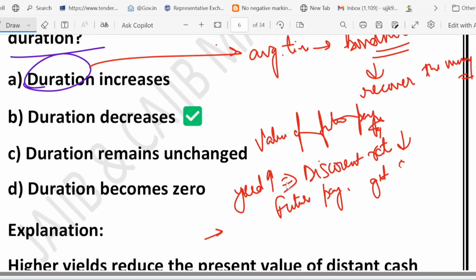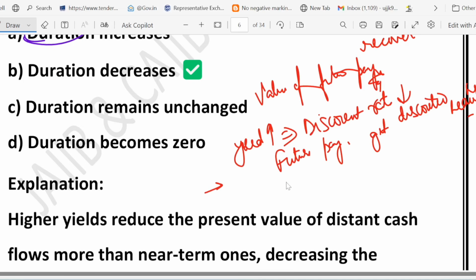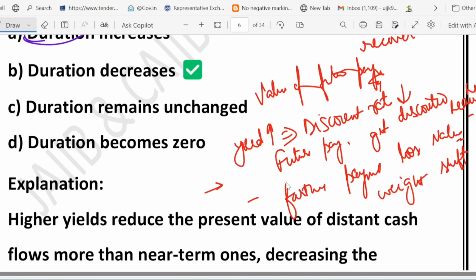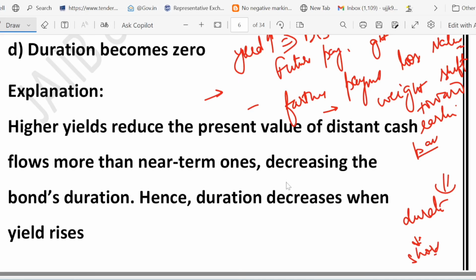That means the further payments lose more value compared to the nearer ones. So the weight shifts toward earlier payments. And since the weight shifts toward earlier payments, your duration becomes short, or duration decreases, right?